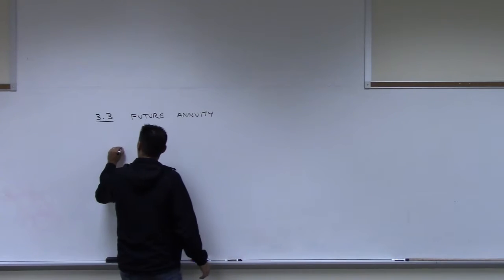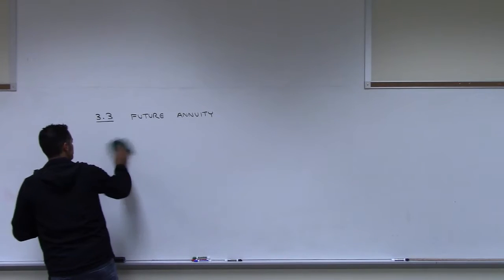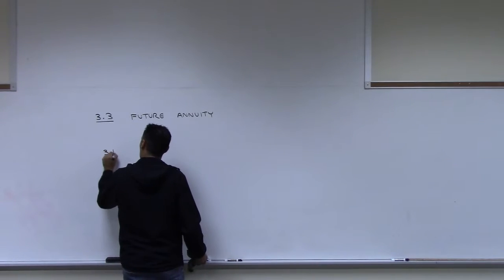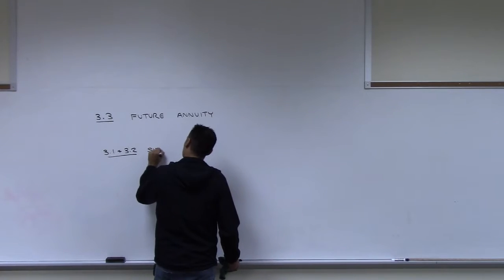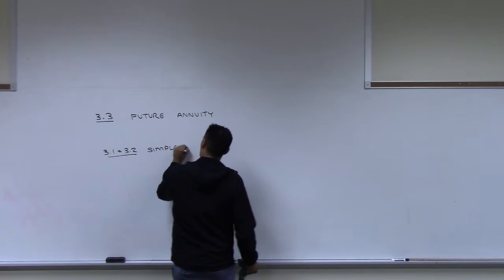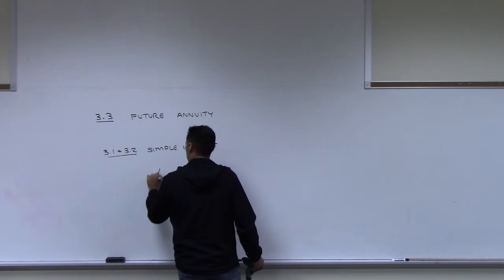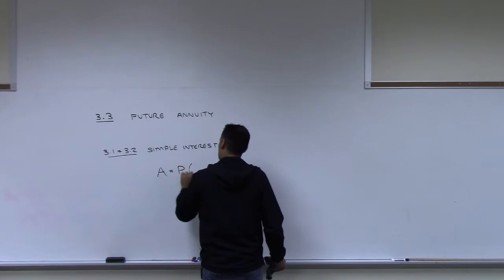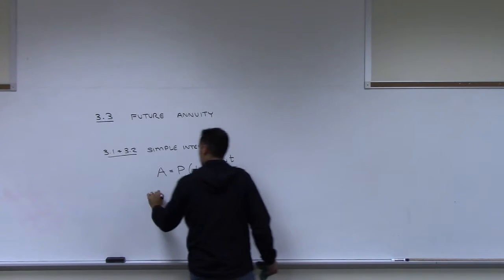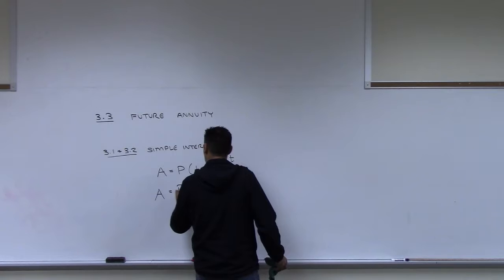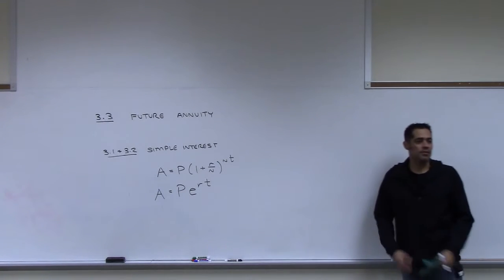That was compound interest, simple interest. And from that, we got two formulas. A equals P times (1 plus r over n) raised to the nt. And the other one we got was the PERT, the shampoo formula. Right? Those were our two formulas.